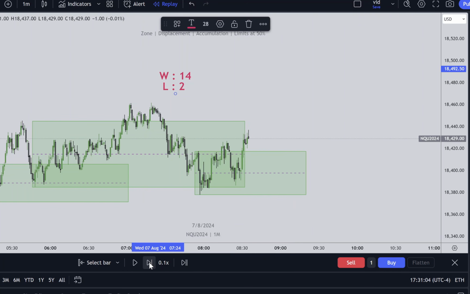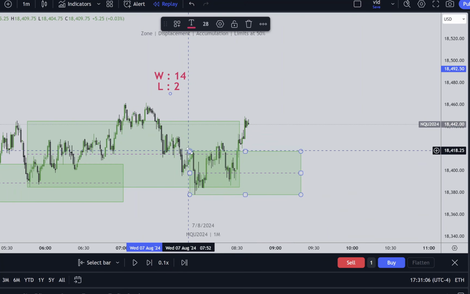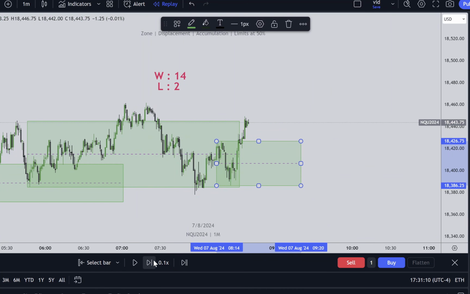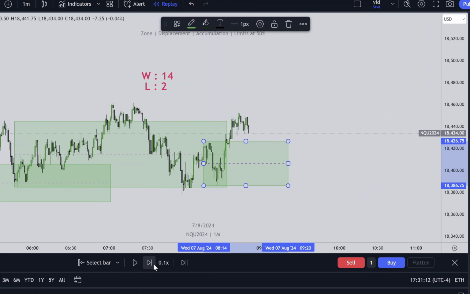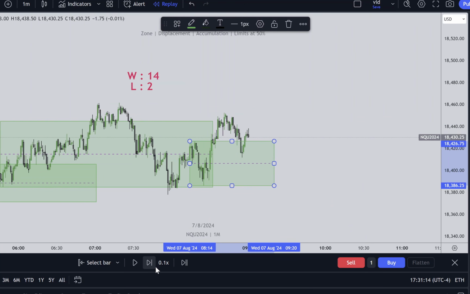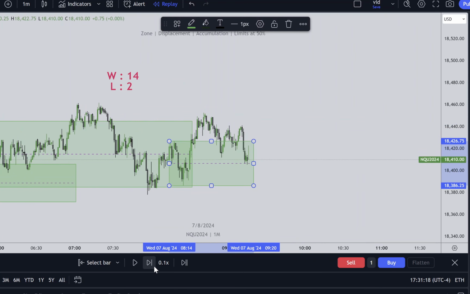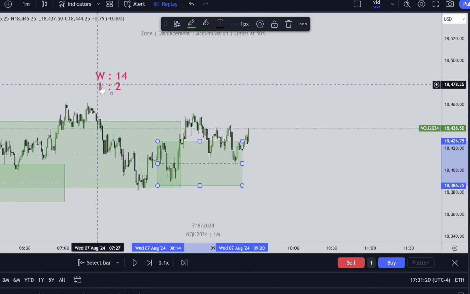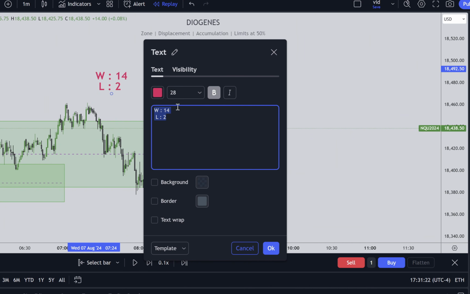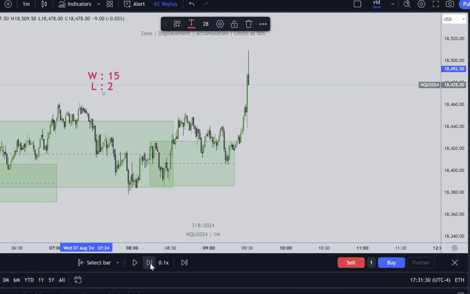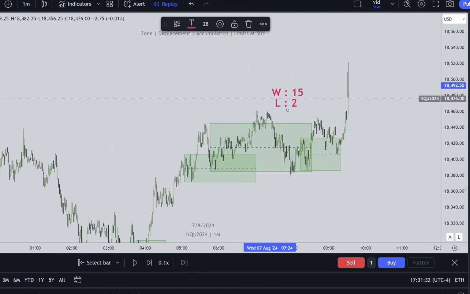Okay, new zone here. Come on, we're in, and 15th win. Cool.